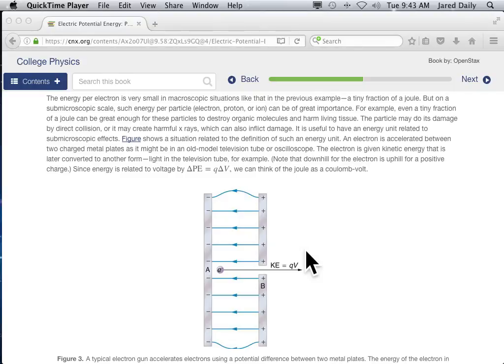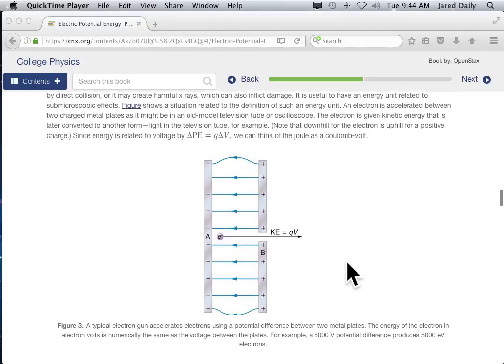So we try to change it to make these energies correspond to the potentials. So we're going to use a new unit for energy, and the unit is related to this energy equation where we have either potential energy equals QV or kinetic energy equals QV, because it works either way. It's just energy equal to Q times potential.